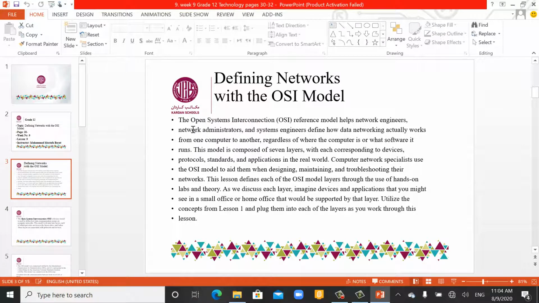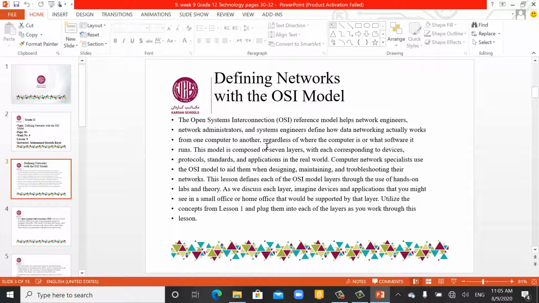OSI model stands for Open System Interconnection. It is a reference model that helps network engineers, network administrators, and system engineers define how data networking actually works. It means if we don't know the OSI model, we don't know how the data transfers or how we establish a network. Because of this, it's important.